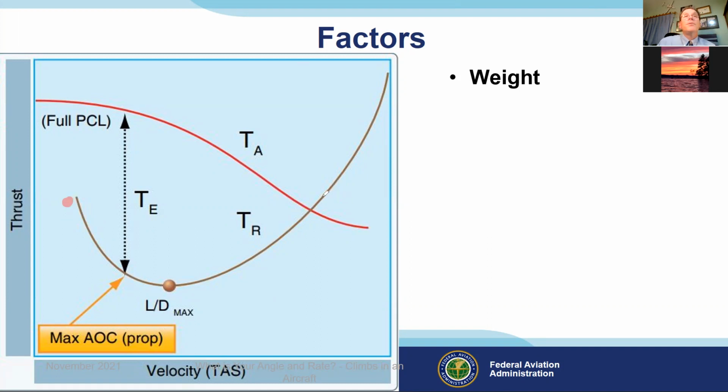We're probably also going to end up, because we're at lighter weights, being in a position where our maximum speed is going to be greater. And because of that decreased weight, we're not going to need quite as much lift.